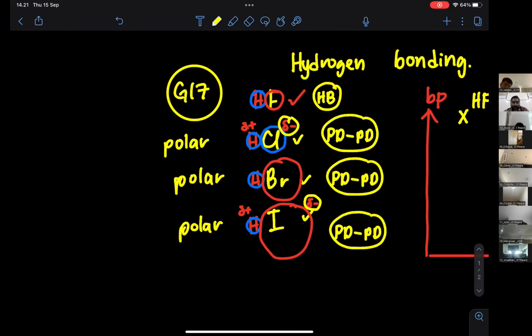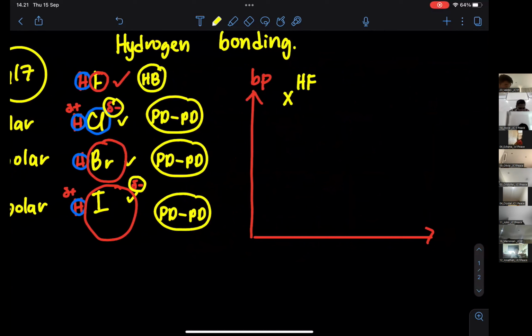So what does it mean? HF is already very strong, which is hydrogen bonding. But how about HCl? HCl will be lower because they are going to be PD-PD. But as they move to HBr, it's supposed to go up. Why is it supposed to go up? I already told you, more number of electrons. It means that the delta negative and delta positive is going to be stronger.